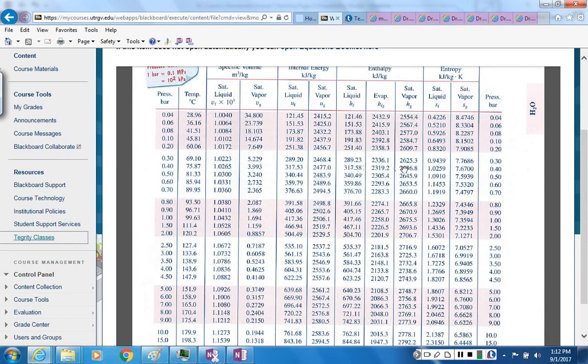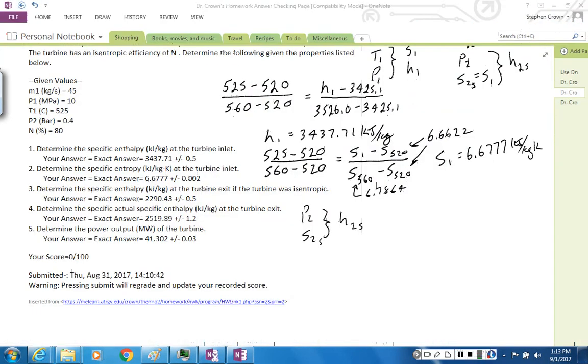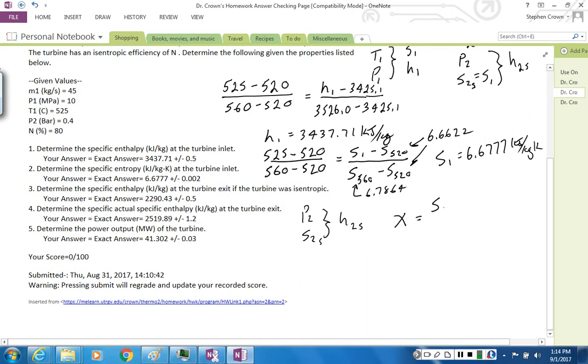So I'm going to use these two values and interpolate over these two values for enthalpy. So let's write those down. For my interpolation, I'm going to have that the quality is Sg minus S2S over Sg minus Sf. And I put in those values at 0.4 bar, which is my pressure.